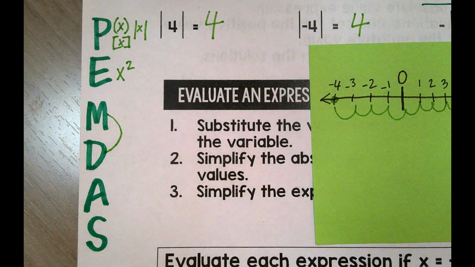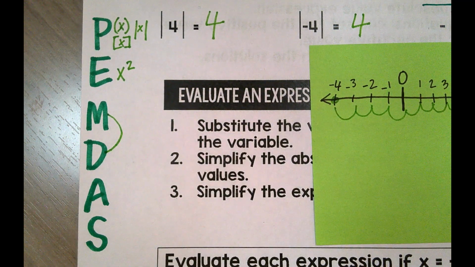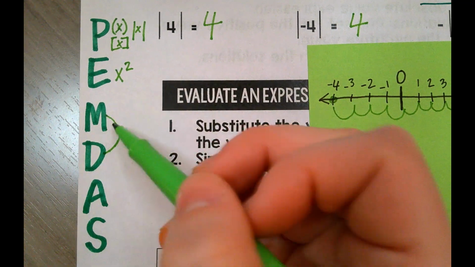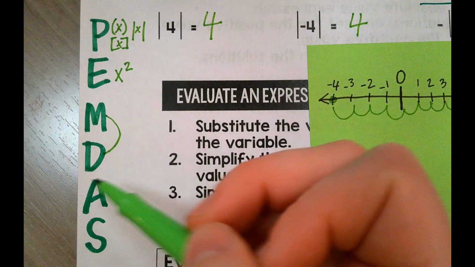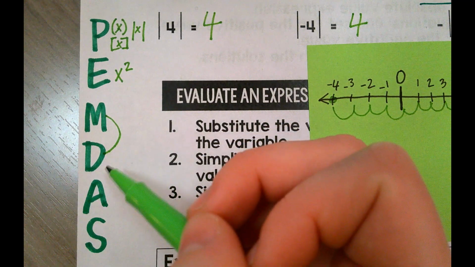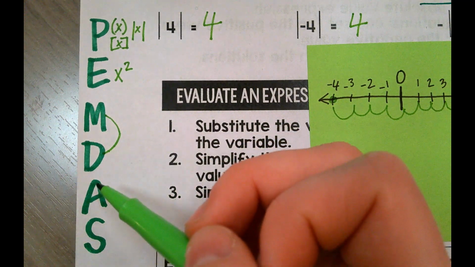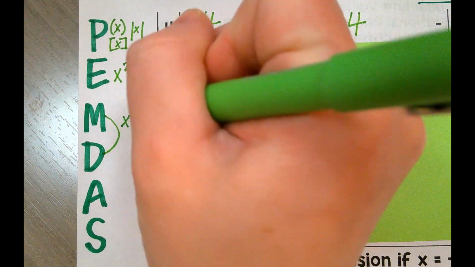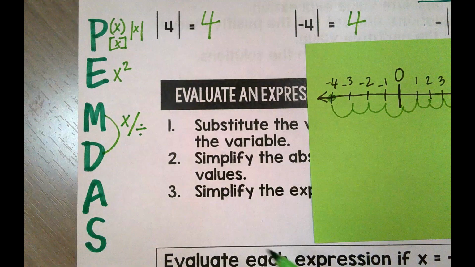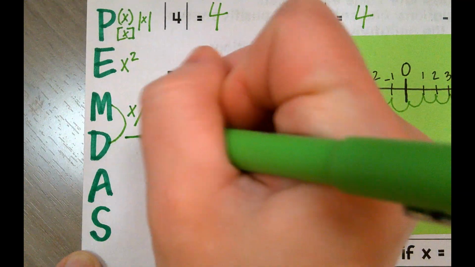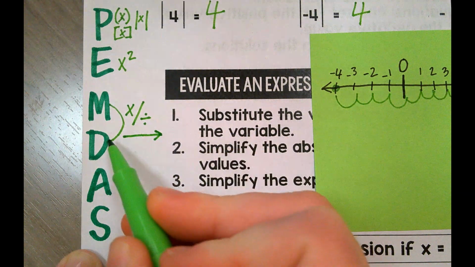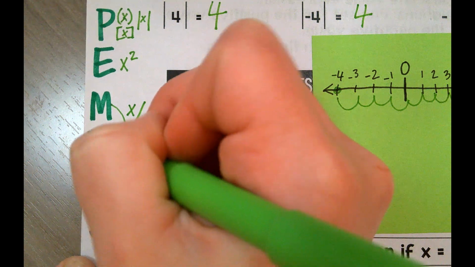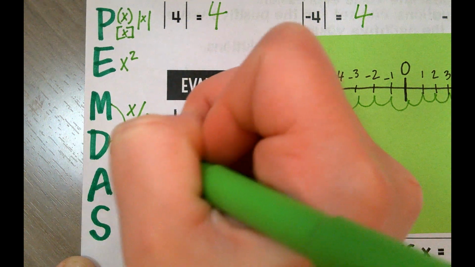And we do this in order from left to right, the way that we read from left to right. That doesn't mean that we have to do multiplication first. This is multiplication and division in order from whichever one comes first. So I'm going to put times and divide. I'll put an arrow to show we're doing it from left to right.